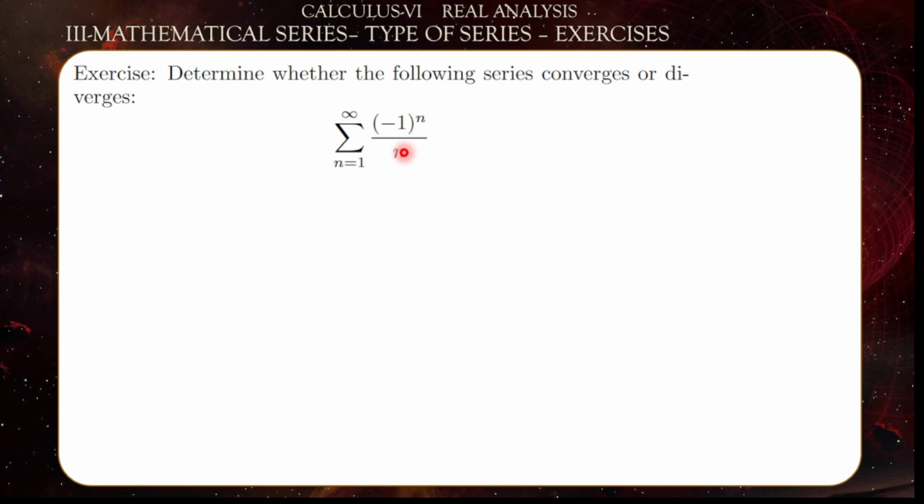So this can be rewritten as sigma minus 1 to the power of n multiplied by bn, with bn equal 1 over n. And it requires the Leibniz test to find out whether it converges or diverges. Let's check if the criteria of Leibniz are met.